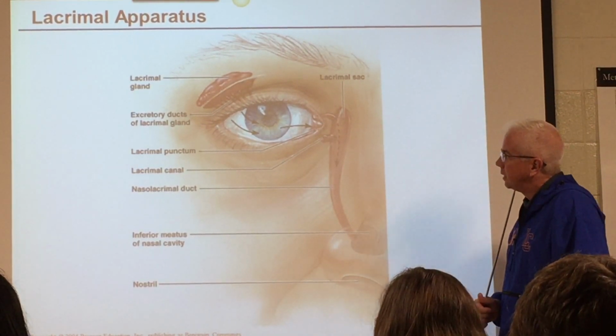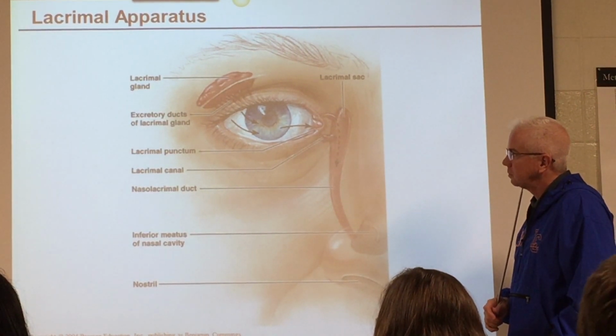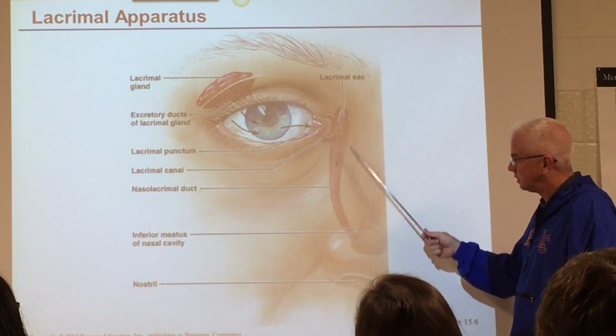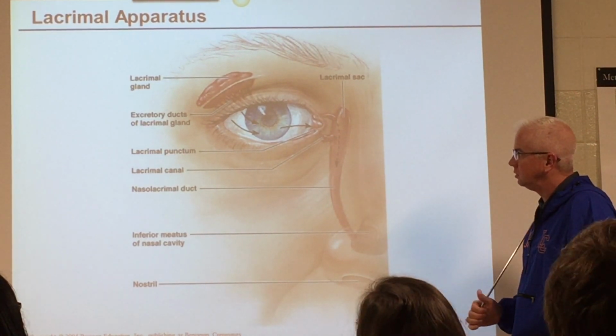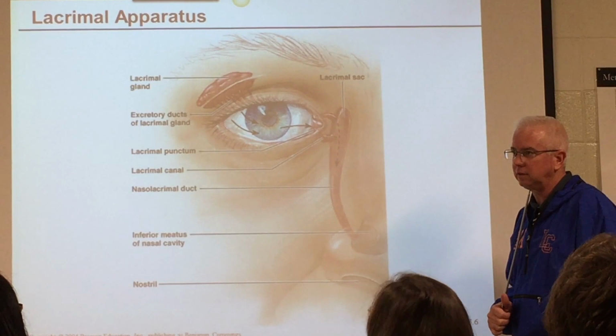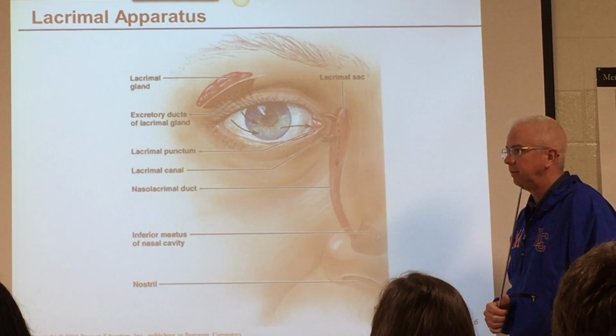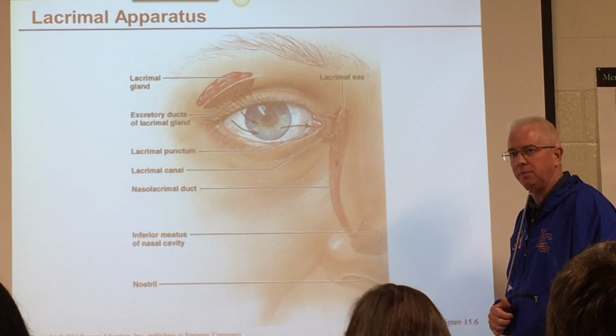It's also interesting to note that the inside of this duct system that drains into the nose has a mucosa that's continuous with the inside lining of your nose, which means infectious material can actually make its way up this duct system.